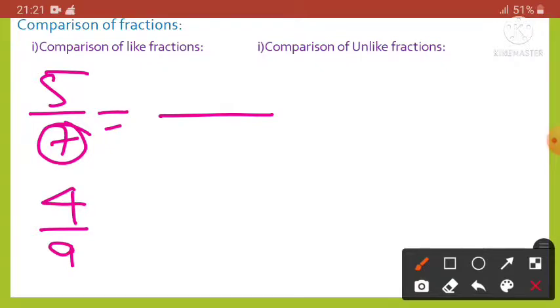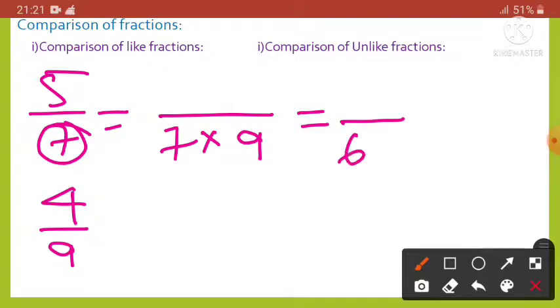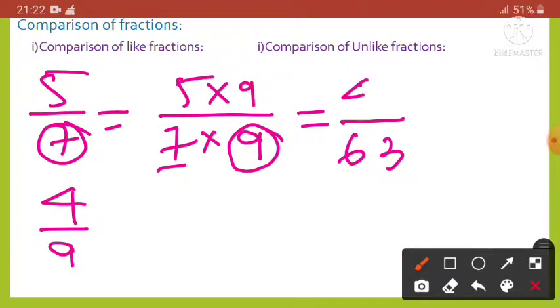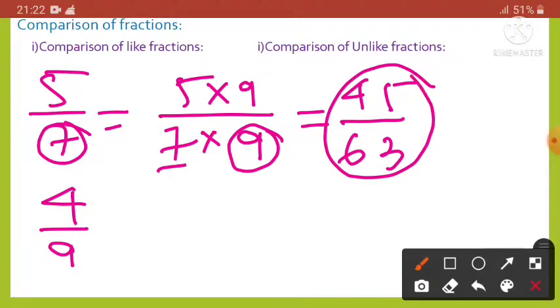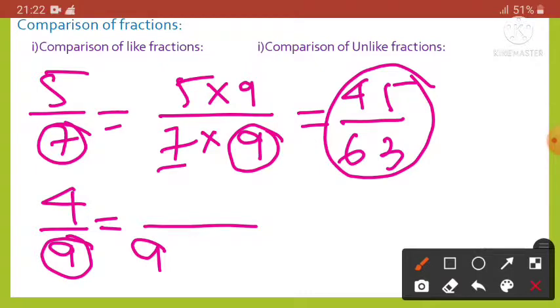So here it is 7. If we multiply 7 with 9, then the denominator will be 63. As we are multiplying 9 with the denominator, we have to multiply with 9 also in the numerator, so it will be 45. Okay, so the fraction is now 45 by 63 for the first fraction. In the next fraction, here it is 9, we have to make it 63.